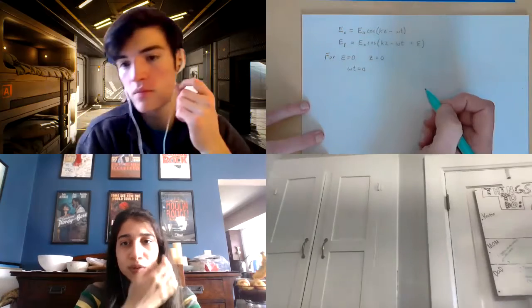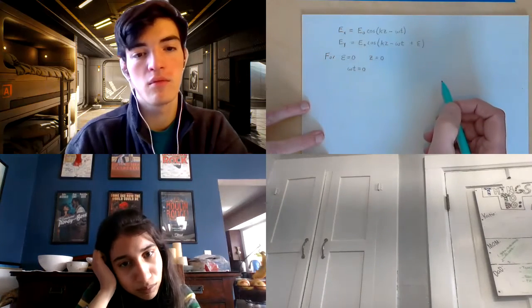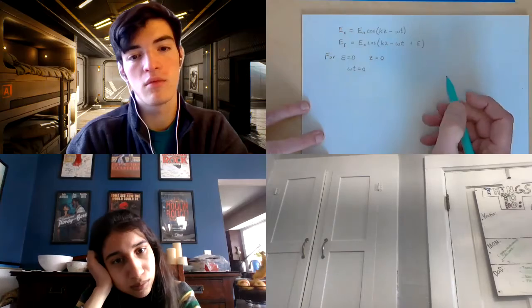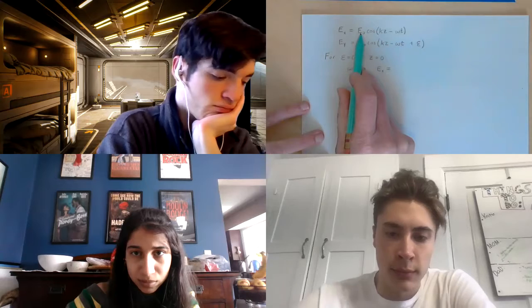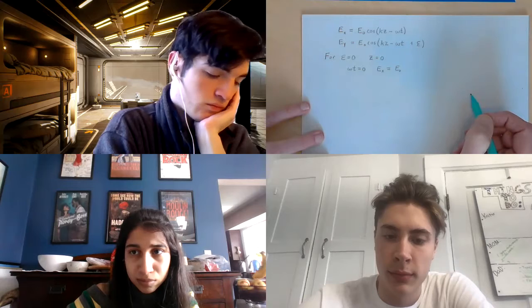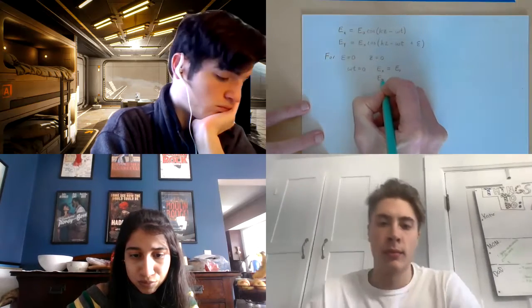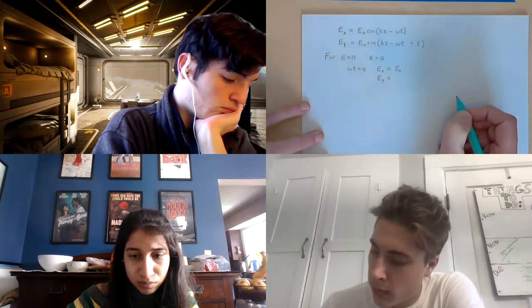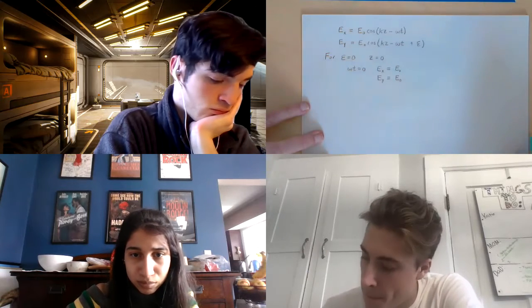So at omega t equals 0, z equals 0 and epsilon equals 0, this is all zeros. The x component will just be E0 times the cosine of 0, which is 1. And the y component, similarly, is the same thing. Since epsilon is 0, these two are going to be identical all the time.